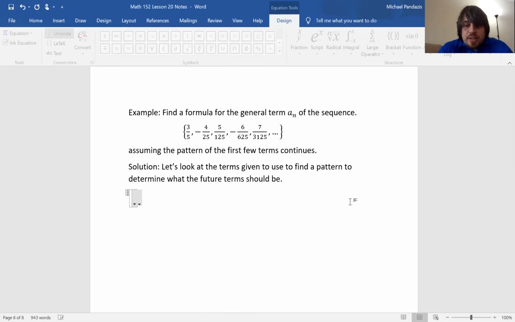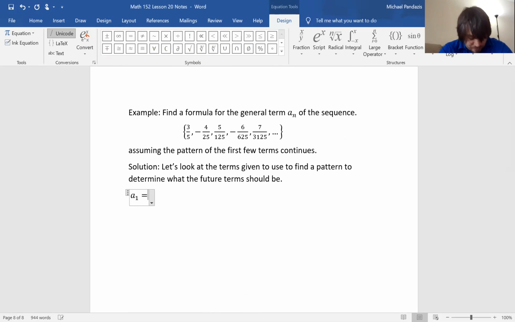So a sub 1, right, is equal to 3/5. A sub 2 is equal to -4/25. A sub 3 is equal to 5/125.